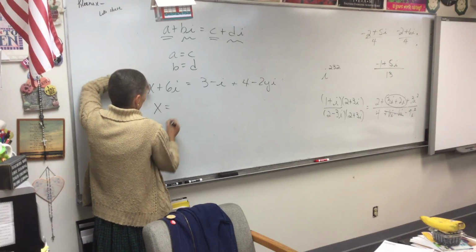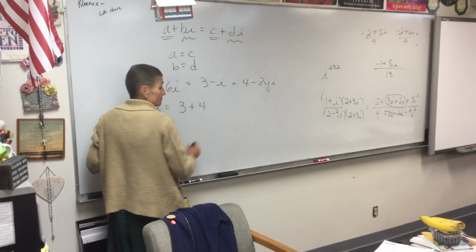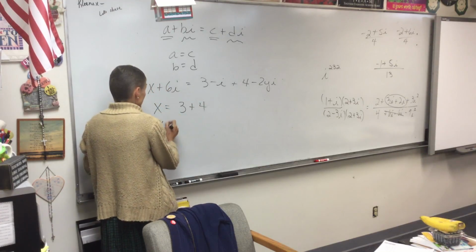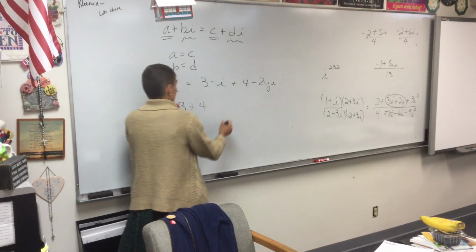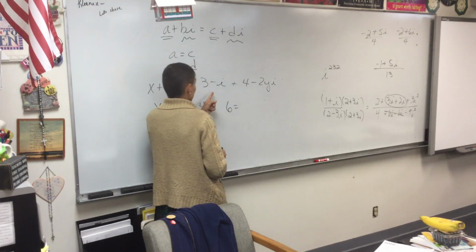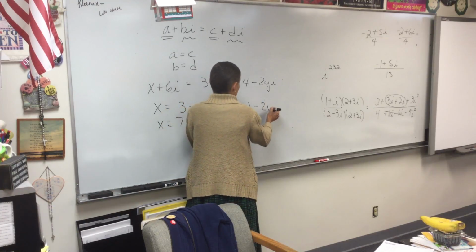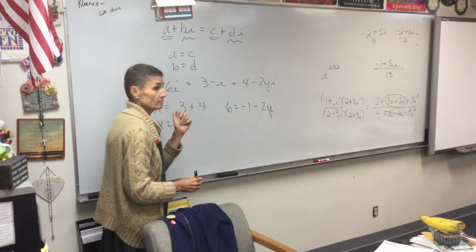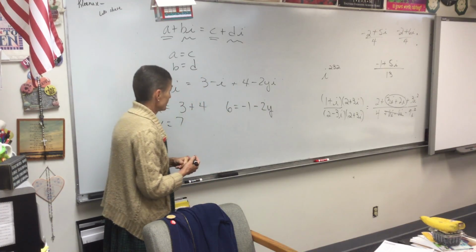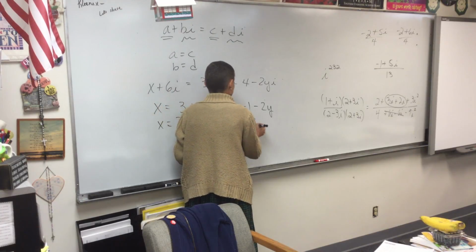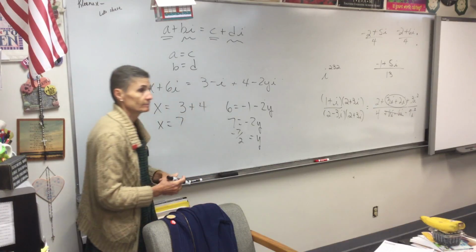X. What doesn't have an I over here? 3 plus 4? So X must be 7. All right, now what has an I over here? 6. What has an I over here? -1 minus 2y. Those are the I's. So 7 equals -2y, and y equals -7/2.